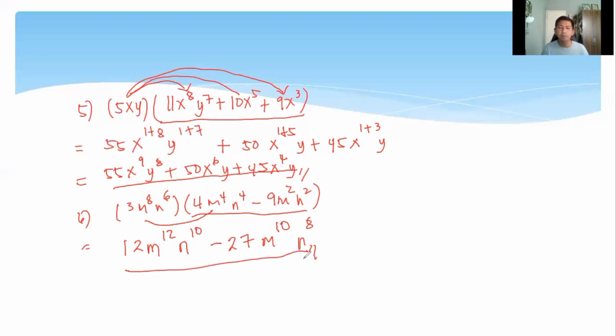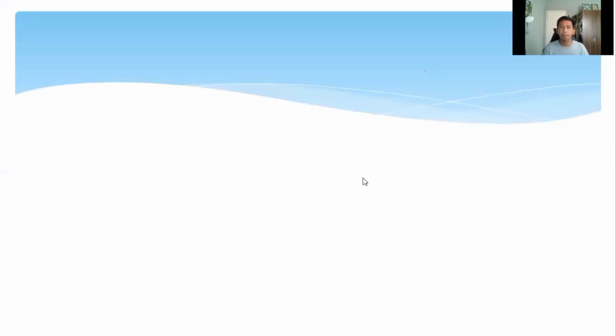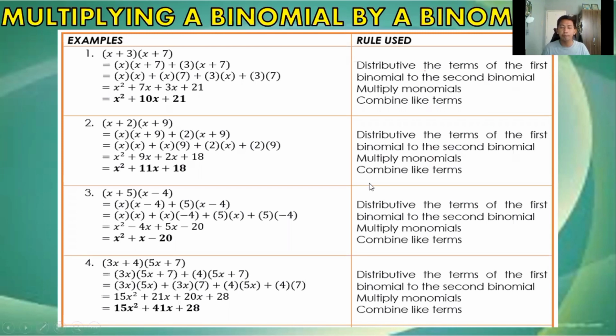Okay, so that's under multiplying monomial by a polynomial. Let's proceed with the next one. We have multiplying a binomial by a binomial. Okay, pag sinabi nating binomial by a binomial, we are dealing with two terms.